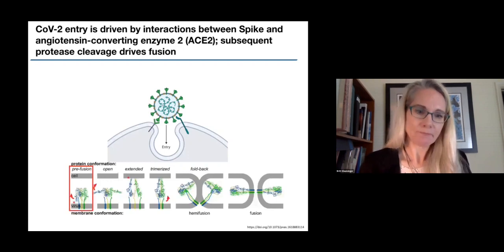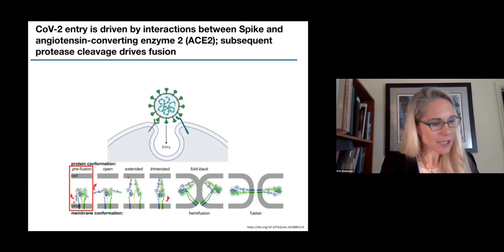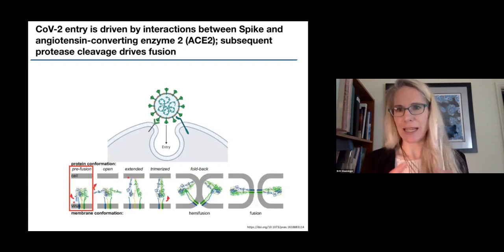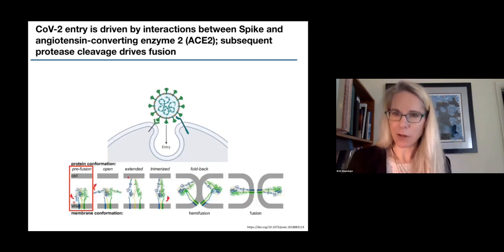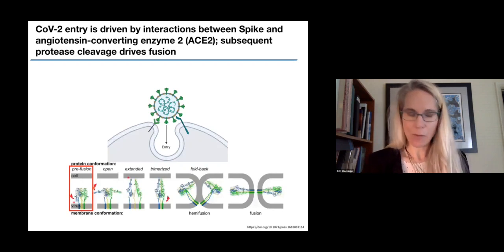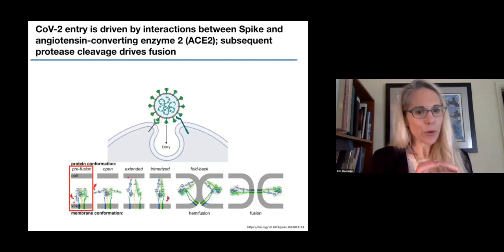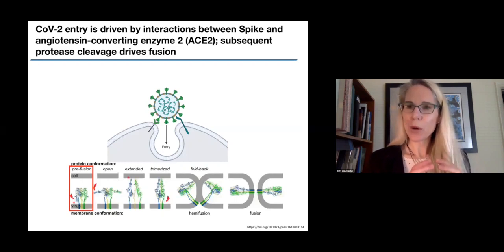Prior to triggering, the receptor binding subunit is actually clamped onto that fusion subunit, right? Like we saw in the cryo-EM structure. You can think of this as basically holding the fusion protein in almost a metastable state.